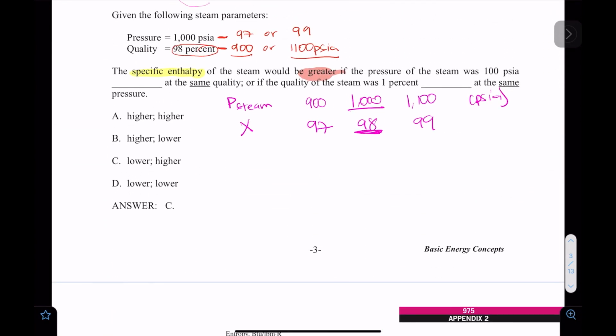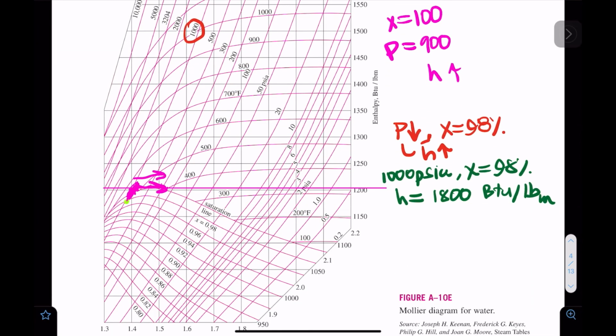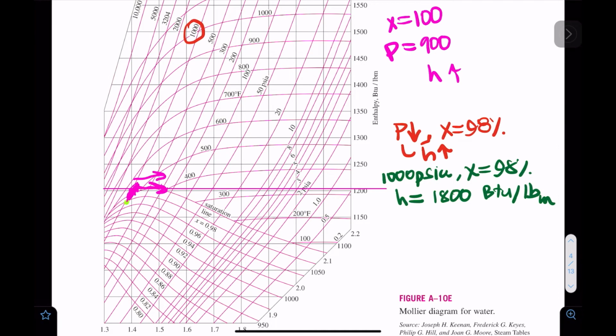So we can go that way, and that will increase our enthalpy because the enthalpy is going to be on this side. So instead of being here, we're going to be a little up. Instead of being just here, we are here, right? So these are my options.